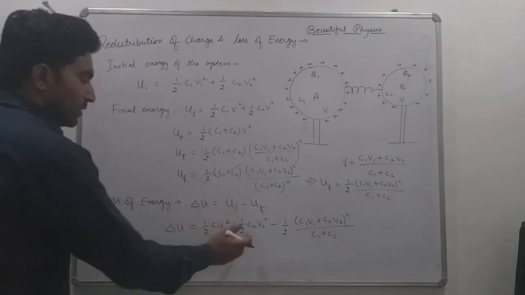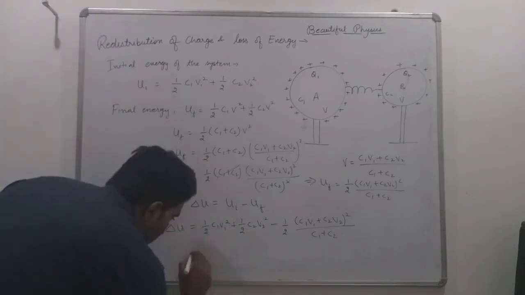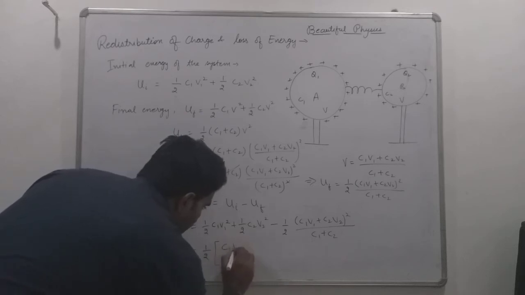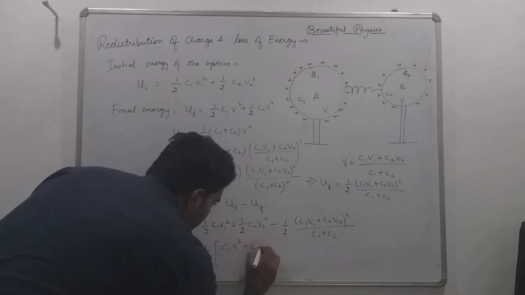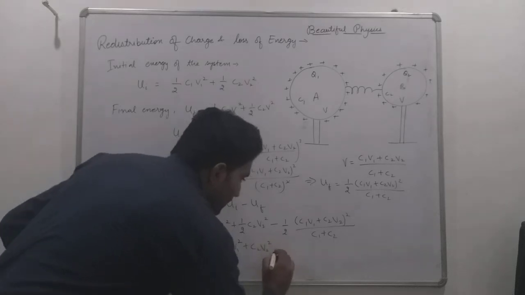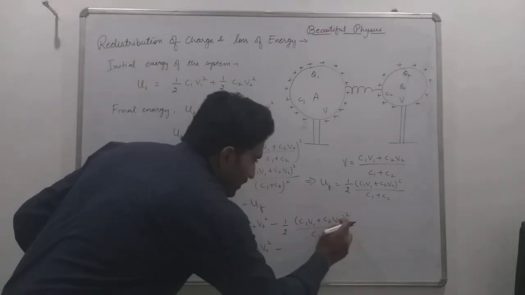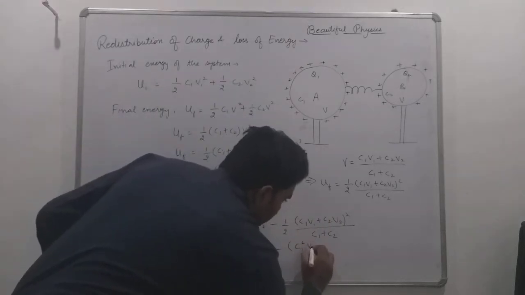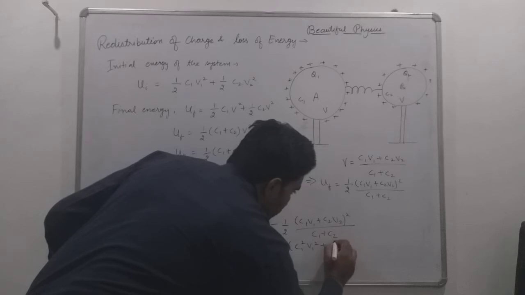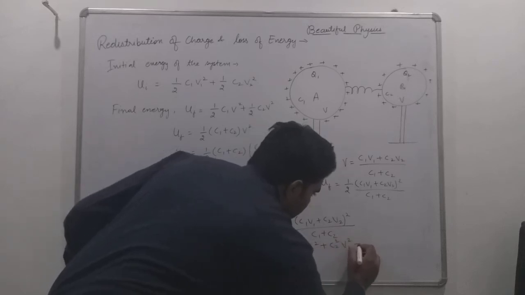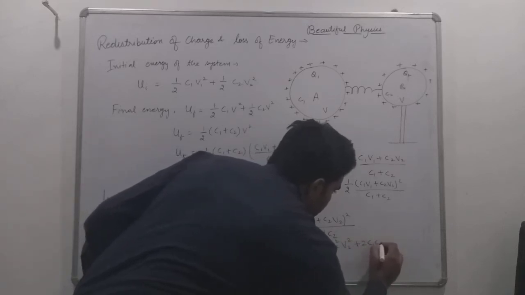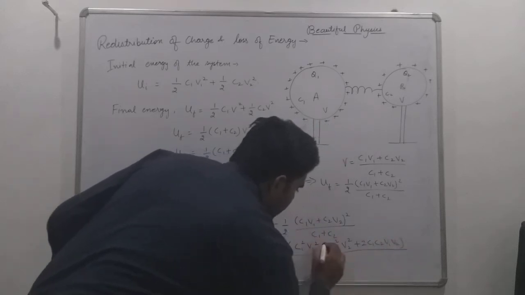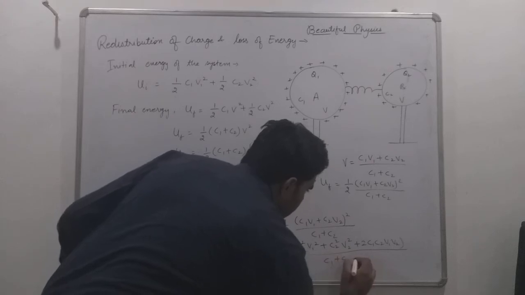Okay, now 1 by 2 can be taken as common. We have 1 by 2 into C1 V1 square plus C2 V2 square minus, we can open the whole square, C1 square V1 square plus C2 square V2 square plus 2 times C1 C2 V1 V2, divided by C1 plus C2.